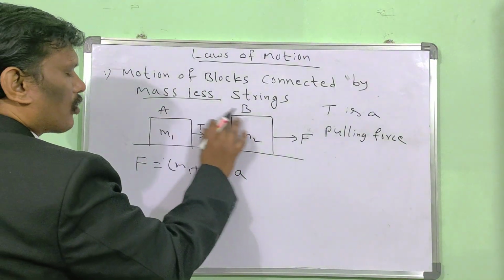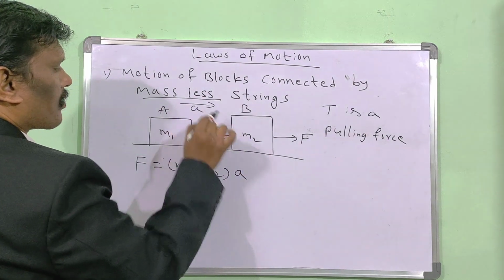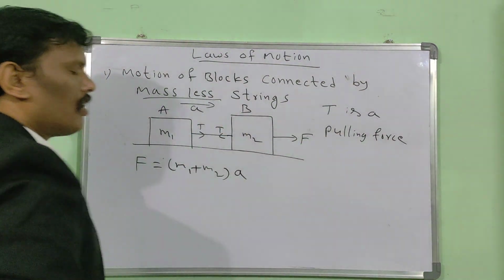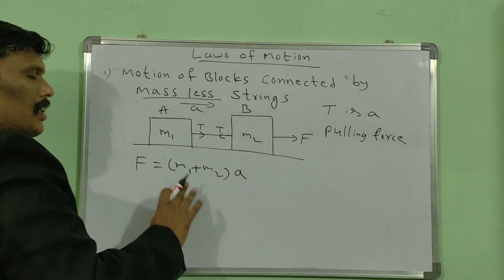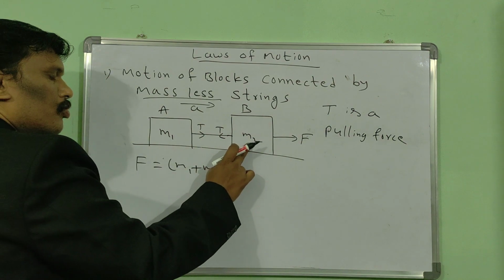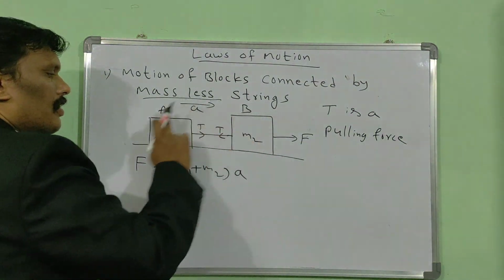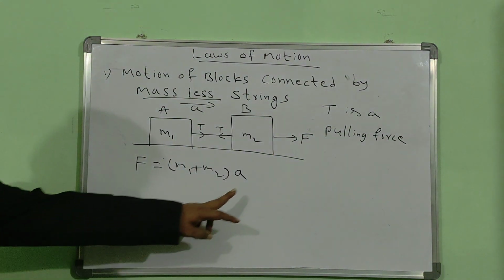M1 moves with A, M2 moves with A, and the total system moves with A only.